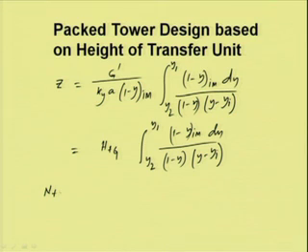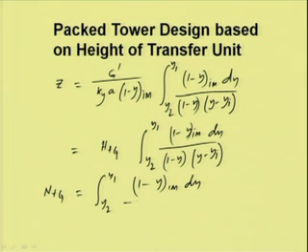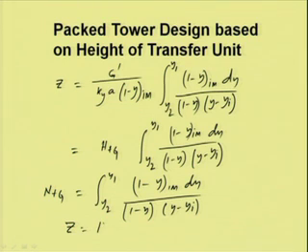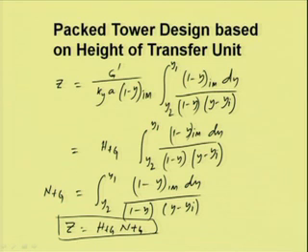So, NTG is equal to integral y2 to y1 1 minus y I m into dy divided by 1 minus y into y minus y I. Therefore, Z is equal to HTG into NTG. So, this is the equation of packed height in terms of height of transfer unit and number of transfer unit.